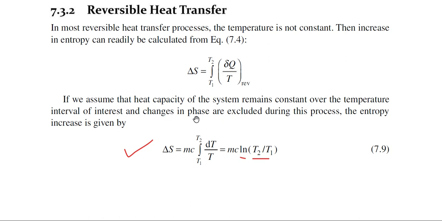In that case, if the heat capacity of the system remains constant over the temperature change, then delta S can be written in this way. You see how we have arrived at this formula.